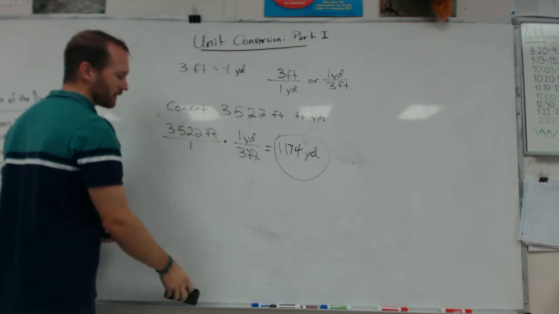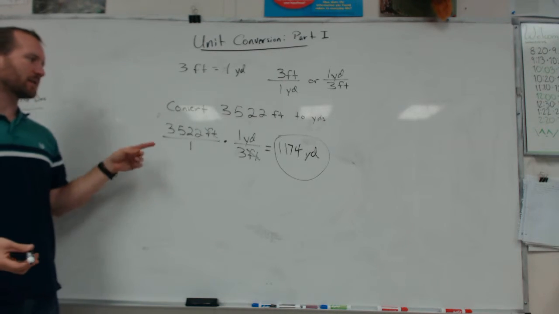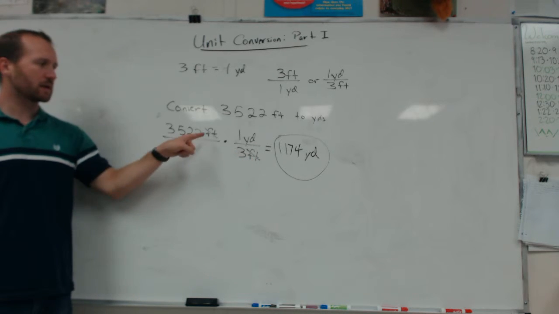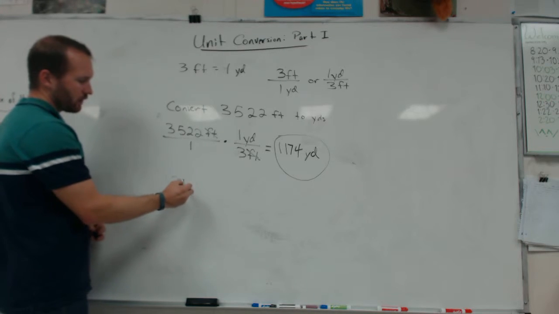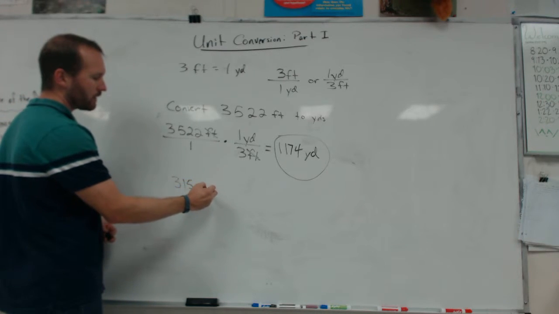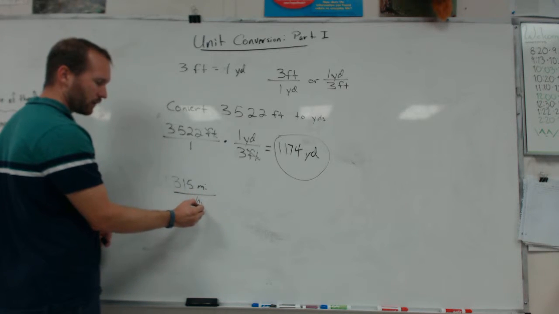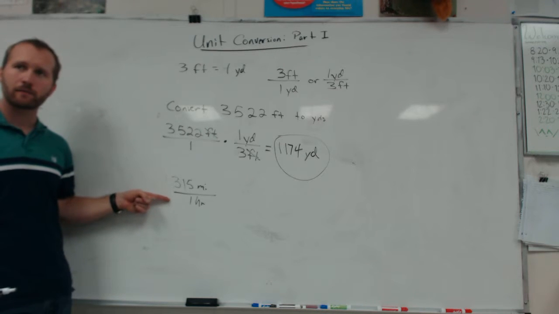And it helps with other things too. It will help just in general as these get more complicated. I talked about, right now we're putting the unit in the bottom to cancel it out, but there are some times, like if I asked you to convert 315 miles per hour, this is actually how you would write that.